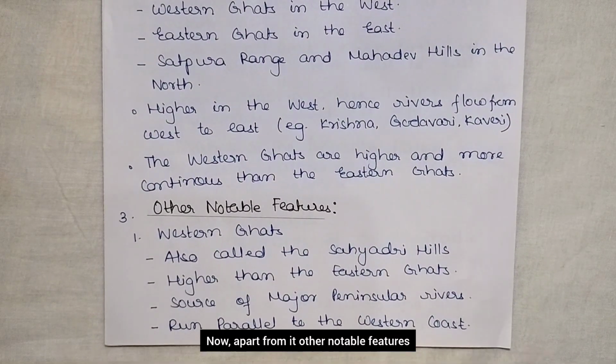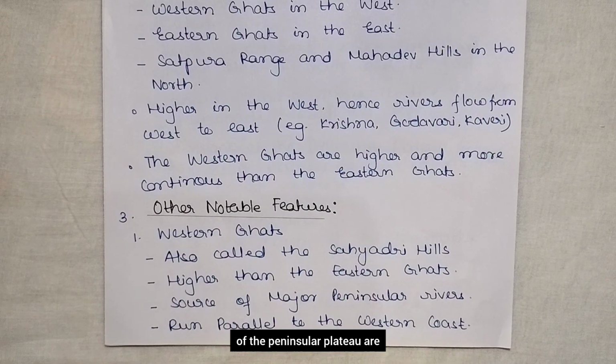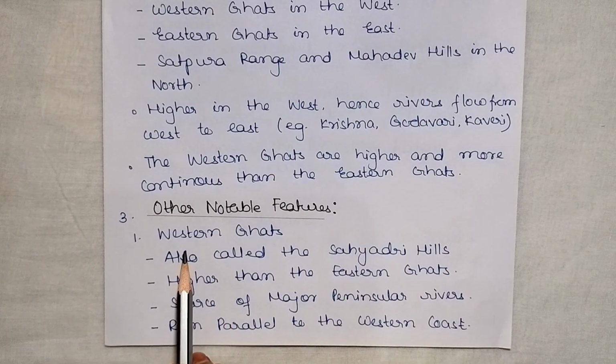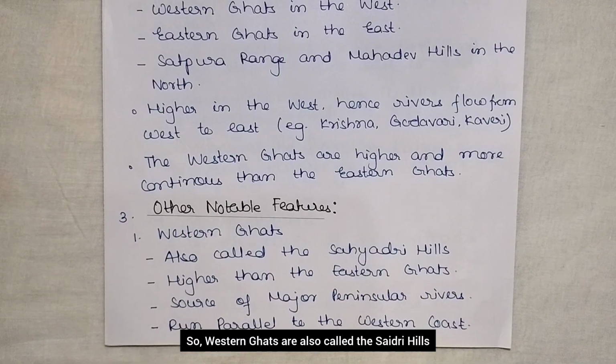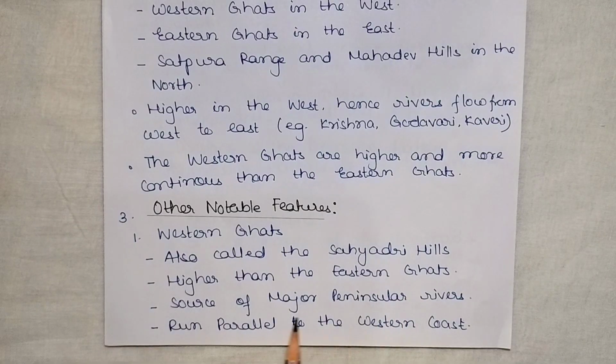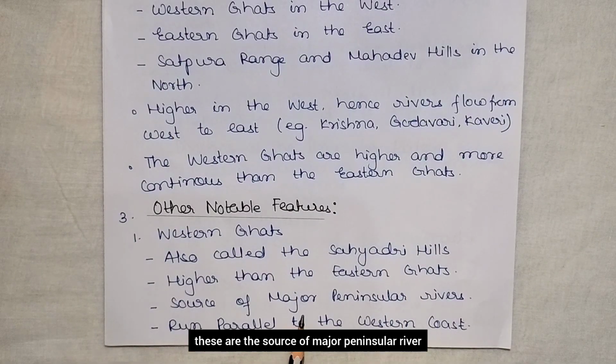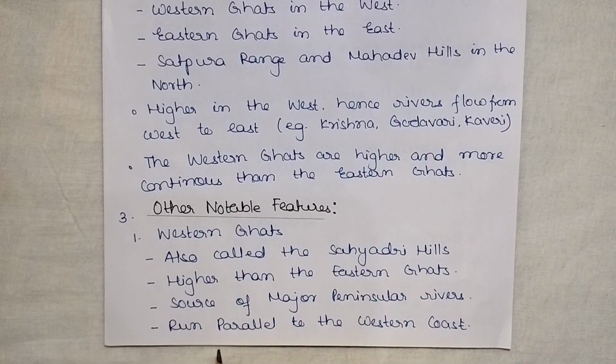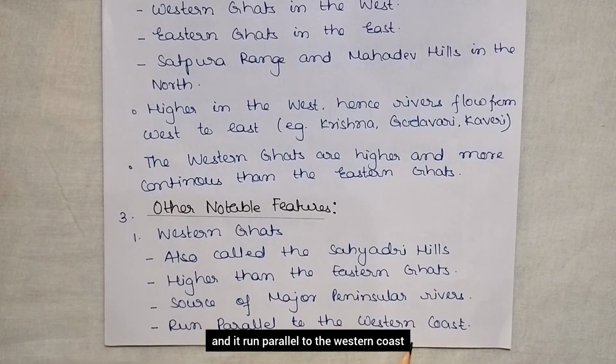Now, apart from it, other notable features of the Peninsular Plateau are the Western Ghats. The Western Ghats are also called the Sahyadri Hills, and these are higher than the Eastern Ghats. They are the source of major peninsular rivers, and they run parallel to the western coast.